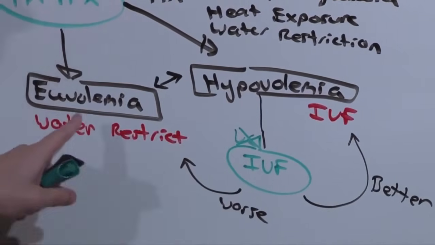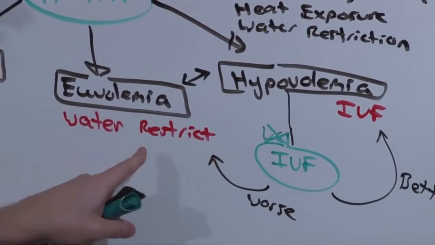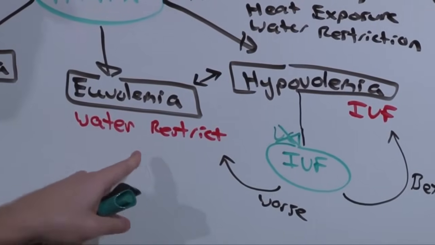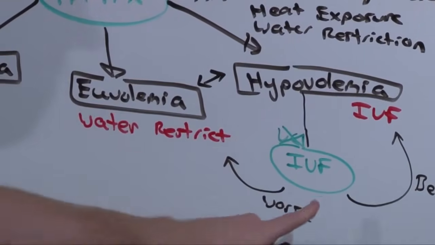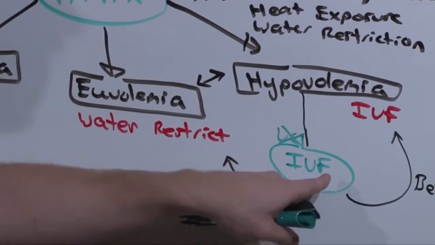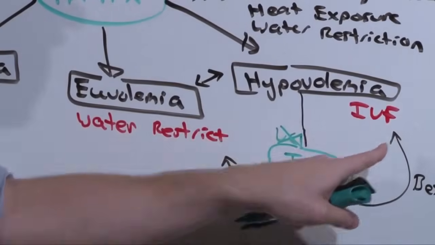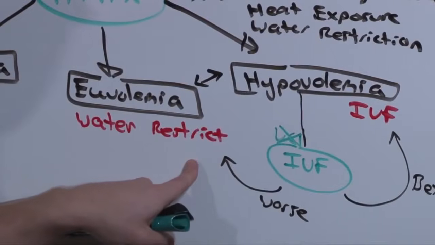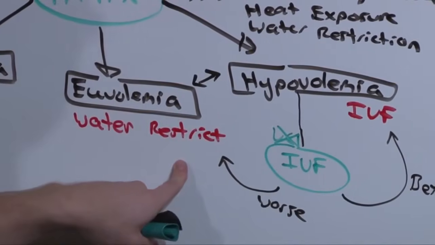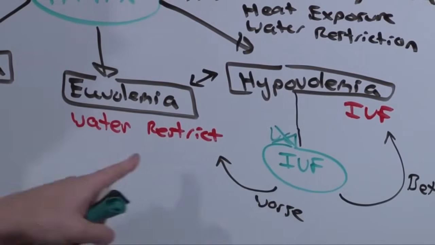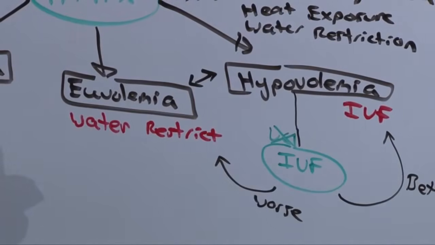And now that you know they are euvolemic and need to be water restricted, you can work on determining the etiology. So with a 500 or 1000 cc bolus, they're going to get better if they're hypovolemic, they're going to get worse if they're euvolemic, and you should have been able to tell that giving intravenous fluids to someone who is already volume overloaded was a bad idea.